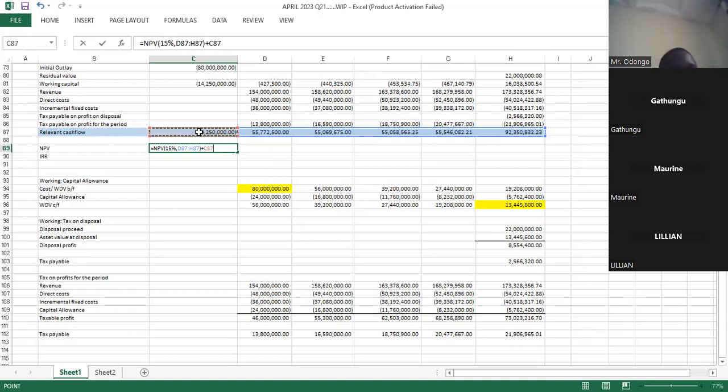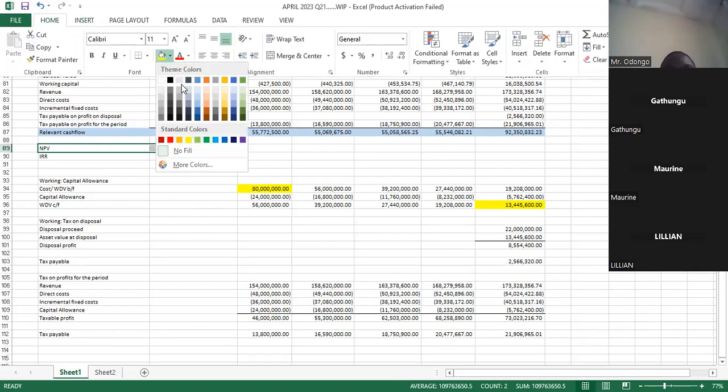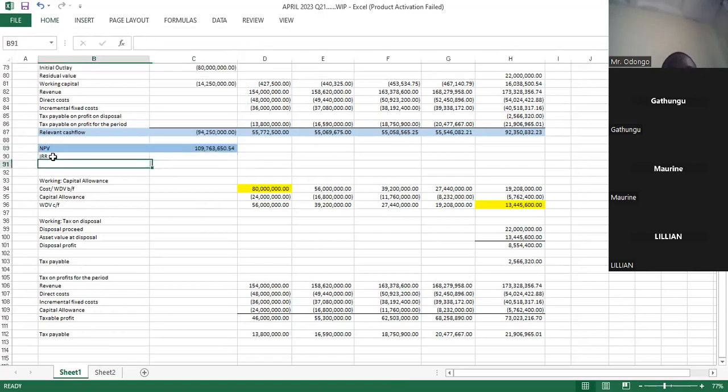The NPV that we get for the optimistic case is 109.7 million shillings.